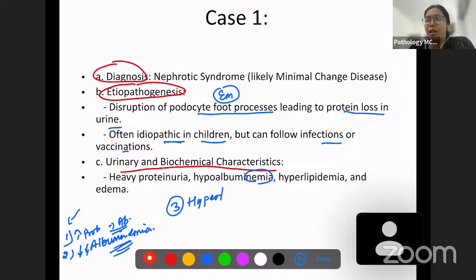You're going to have hyperlipidemia. And then the fourth thing: protein has gone in the urine. We know that protein is what maintains the osmotic gradient inside the blood, correct?